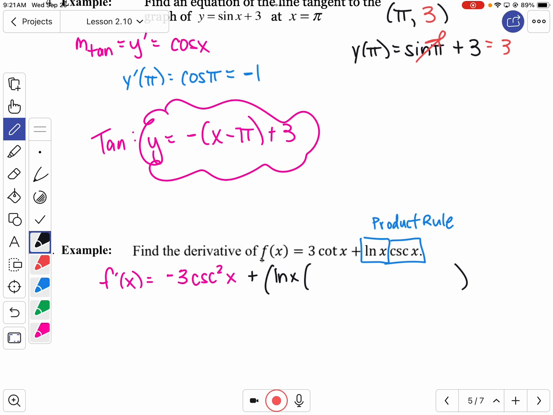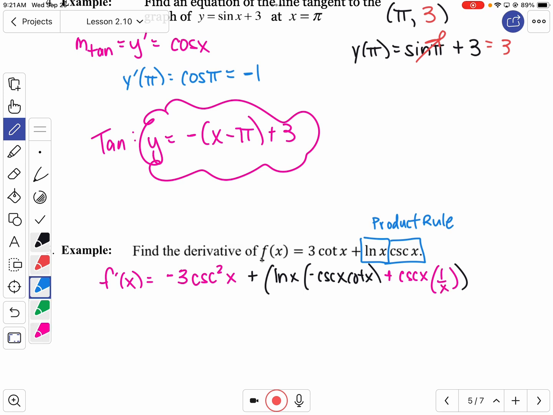The derivative of cosecant is negative cosecant cotangent, right? Then we're going to do plus second, so cosecant, times the derivative of the first. What's the derivative of ln? 1 over x, okay?